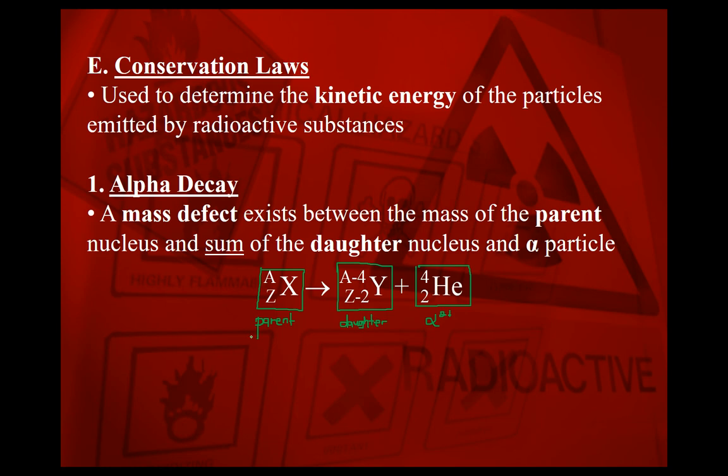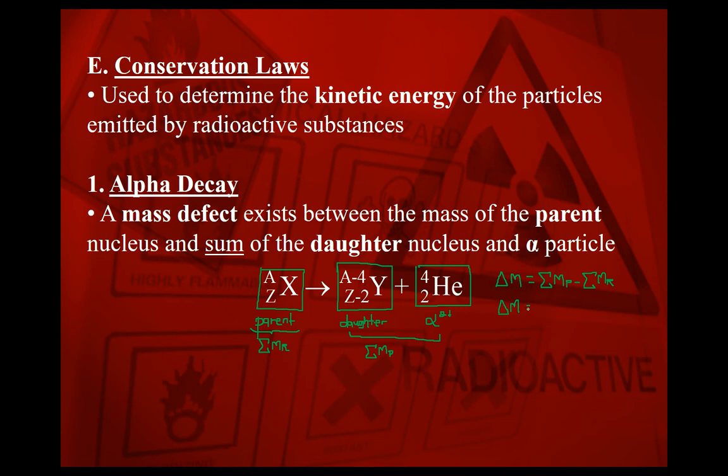Now let's say that I figured out the sum of the mass of the reactants, sigma MR, and the sum of the mass of the products, sigma MP. And then I calculate the mass defect. The mass defect, delta M, is equal to sigma MP minus sigma MR.